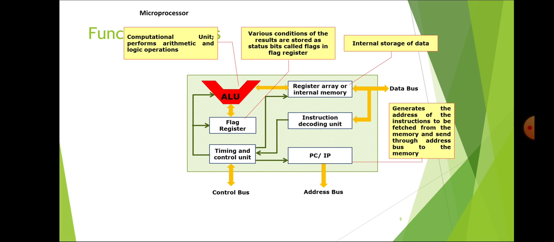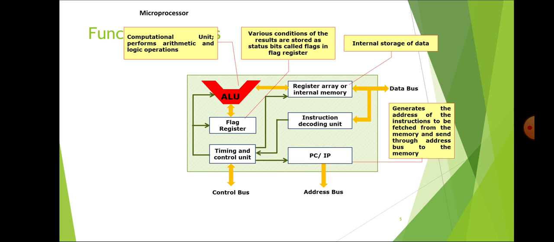Now next is the program counter. Okay, the program counter generates the address of the instruction to be fetched from the memory and sent through the address bus to the memory. So what happens in the program counter, it stores the current instruction address.